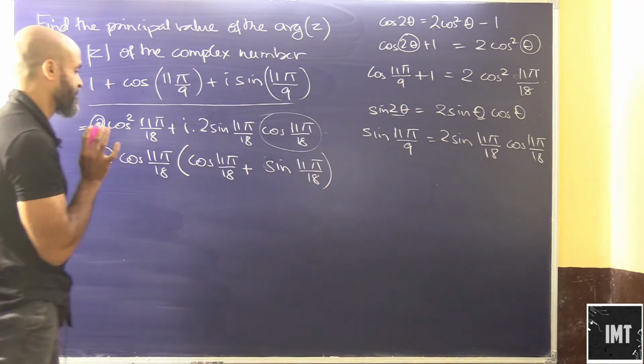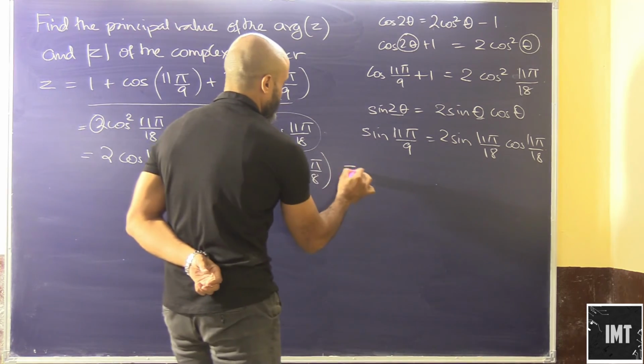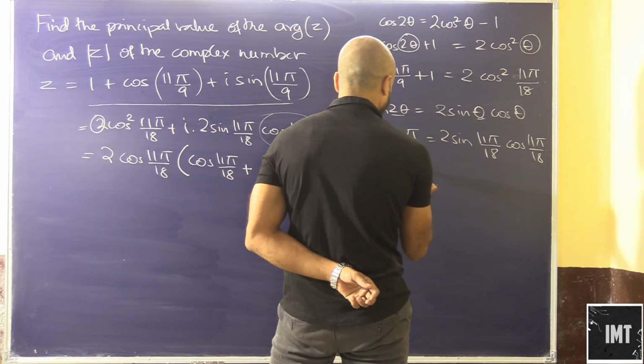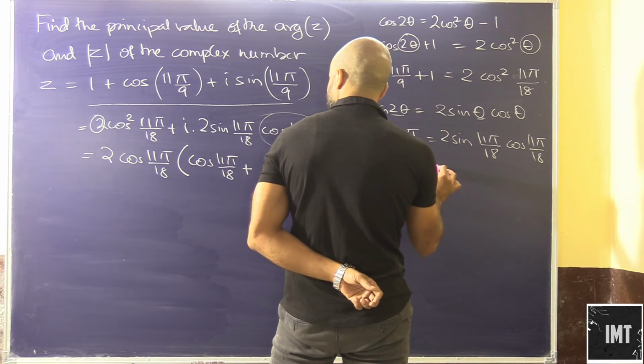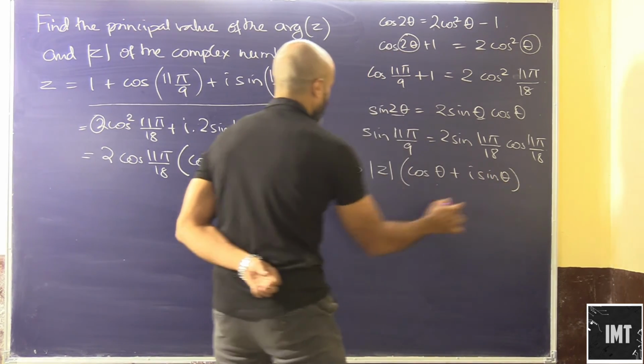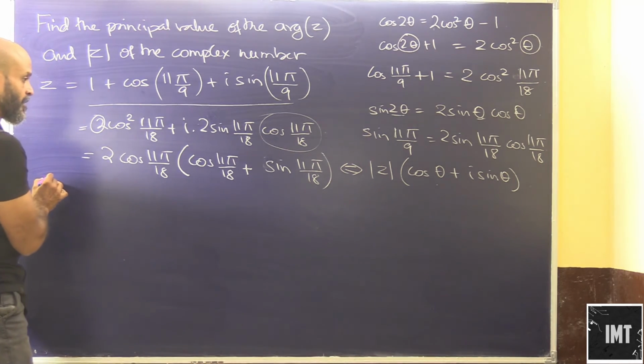Now we can get our answer here only if we compare this with mod z of cos theta plus i sin theta, so we will get the principal values.